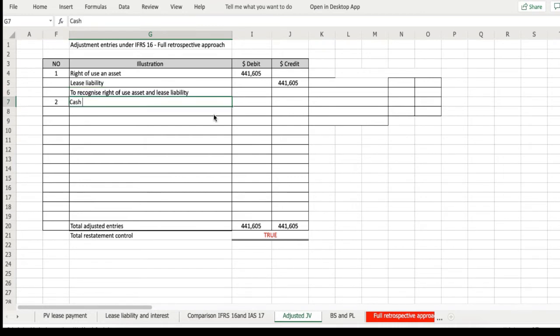The second entry: we booked the right of use asset and lease liability. We need to reverse the lease liability payment before 1 January under IAS 17.